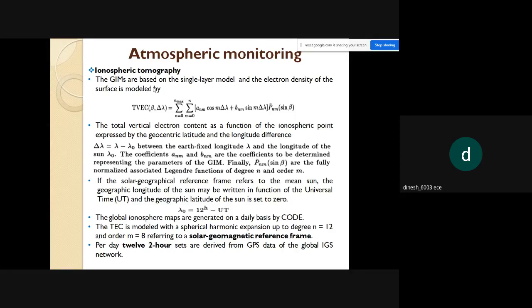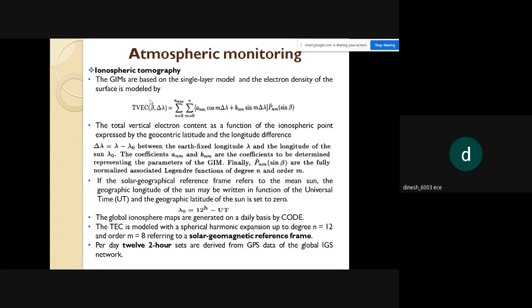the global ionosphere map. So those are the coefficients to be determined. Then del lambda is obtained by del lambda equal to lambda minus lambda naught, where lambda is the Earth-fixed longitude and lambda naught is the longitude of the sun.